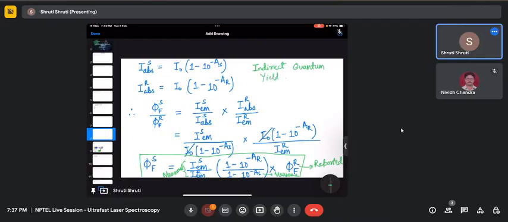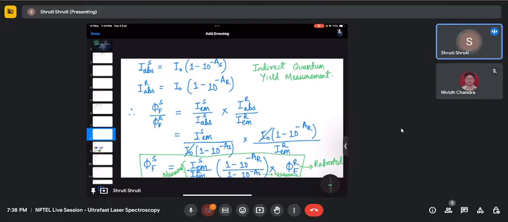So if the glass or the material of the prism is again absorbing something, the output intensity will be even lesser. So that's why it's one of the disadvantages, because glass absorbs some amount of light.